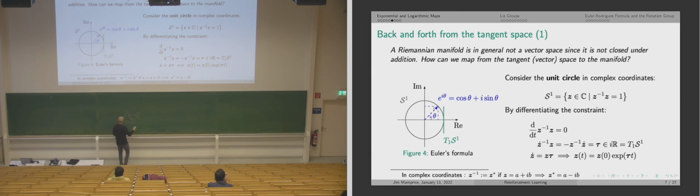And then you get your equation, which is tau is equal to minus that.